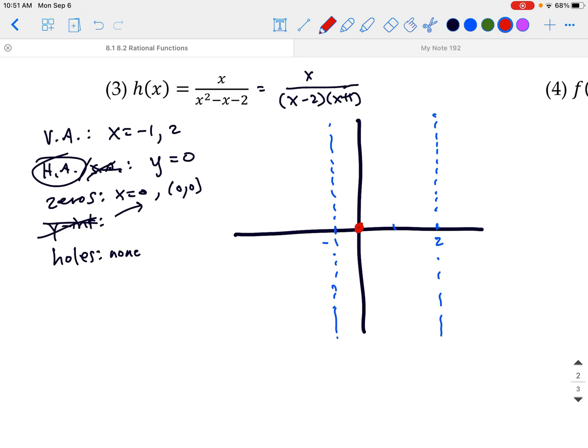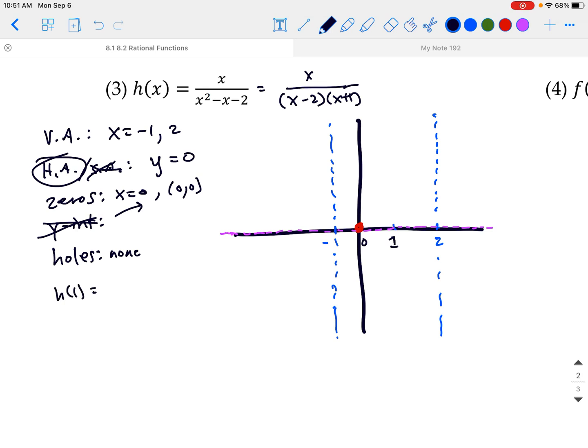We do know that 0, 0 is a point, and we know that y is equal to 0 is our horizontal asymptote, so it's going to tend towards the x-axis. And now we're probably going to want to plot some points because we don't really have a lot of information. So maybe we'll start in the middle so we can figure out what's happening between 0 and 1, 1 and 2.